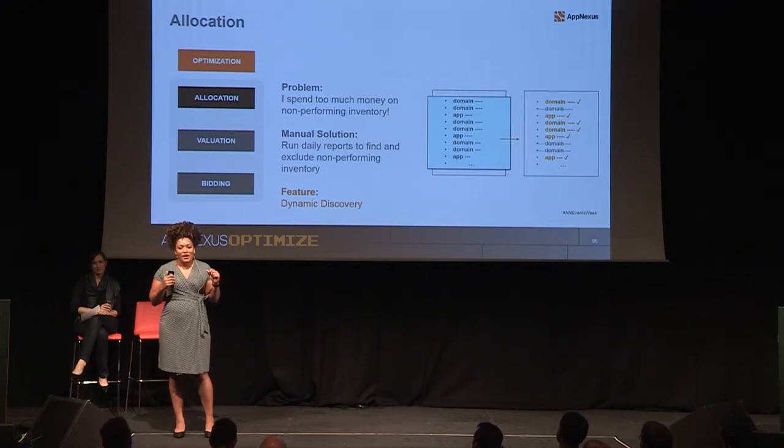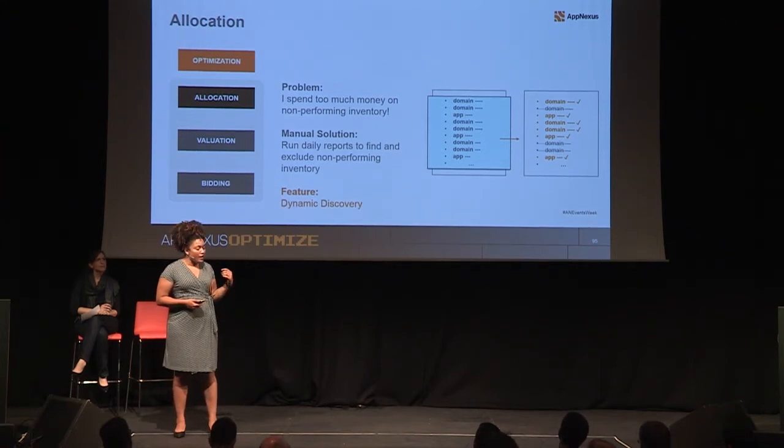So every single time that traders start a campaign, they can be losing thousands of dollars sitting and waiting for reporting to come through so that they can run a report, find that non-performant inventory, and then manually exclude it from each individual campaign. It's really just a huge time and money suck.